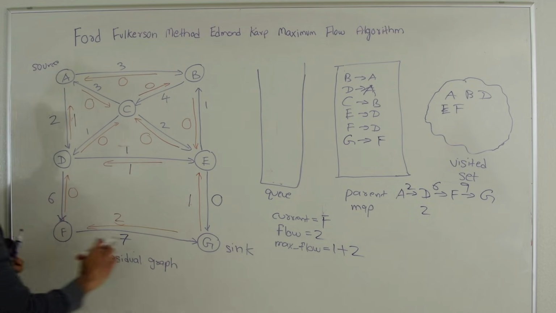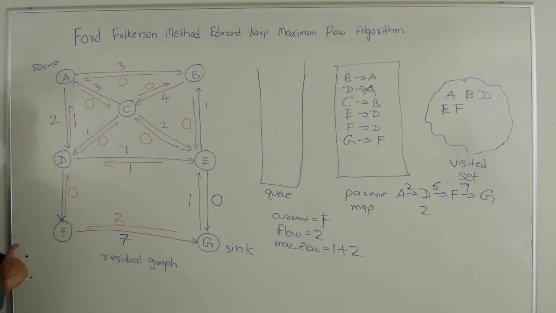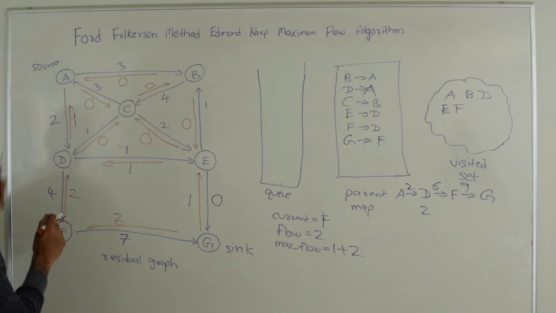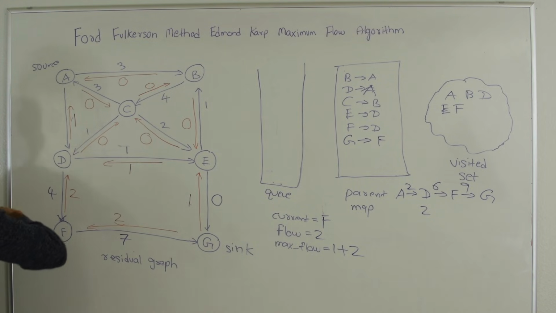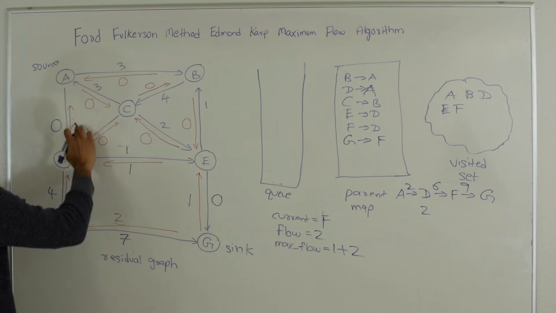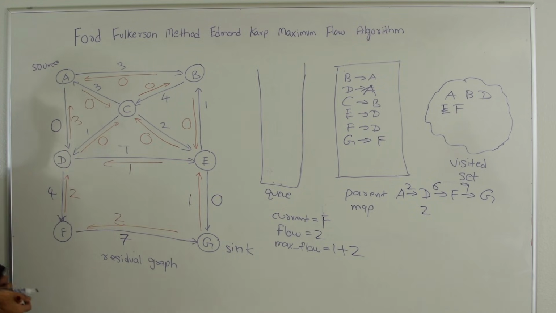Residual capacity from D to F now becomes 4, 6 minus 2, and the residual capacity in the opposite direction becomes 2. And finally, residual capacity from A to D becomes 0, and the residual capacity in the opposite direction becomes 1 plus 2, 3.